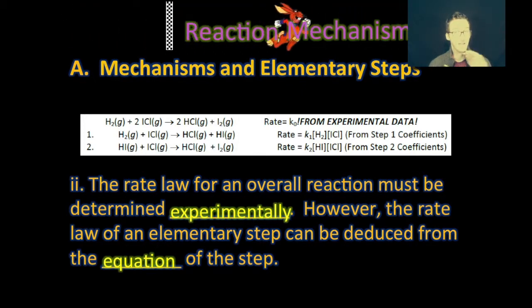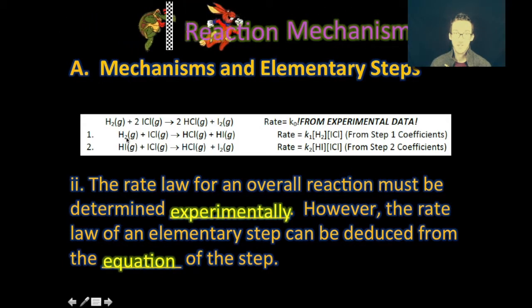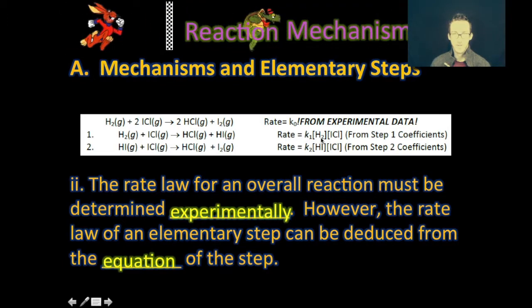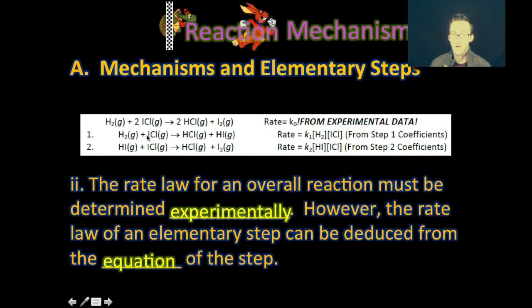But for the elementary steps, you can very easily just look at the coefficients in the balanced elementary step. So as you look at, for example, step 1 in this mechanism, our rate law is the rate constant times the concentration of hydrogen to the first power, or first order, times the concentration of ICl, again to the first power, because in the elementary step it's a coefficient of 1 and a coefficient of 1.